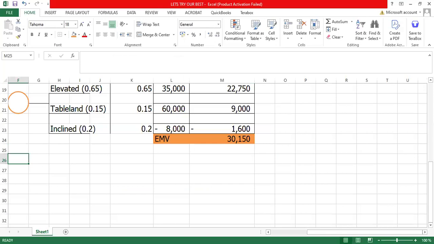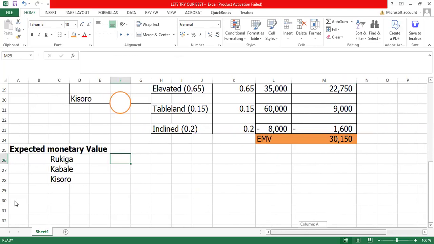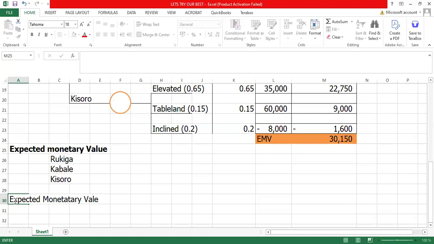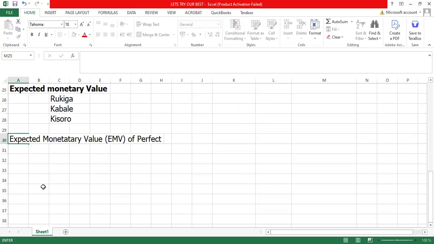So the expected monetary value of perfect information, EMV of perfect information, will be equal to what?